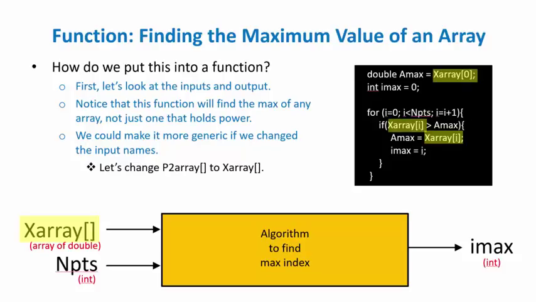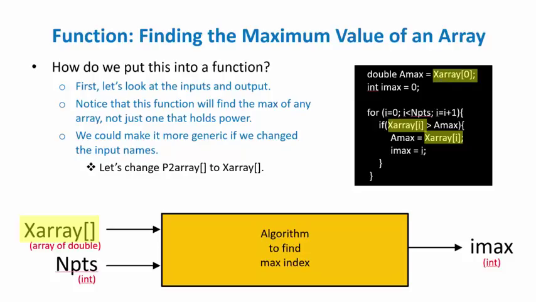So why don't we start by doing this? Instead of calling it P2 array, now remember, this is the code we're going to put in our function. Why don't we call it X array? X is just a very agnostic variable name. And that would mean that we would have to change X array within our code. So it's no longer P2 array. P2 array was something custom for our program that's going to be calling it.